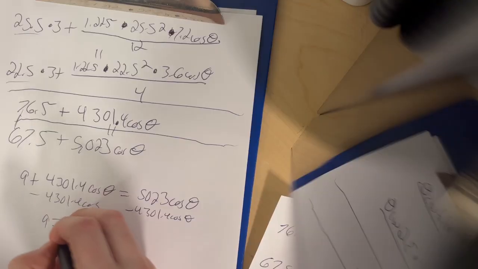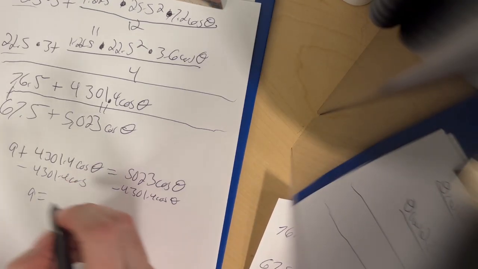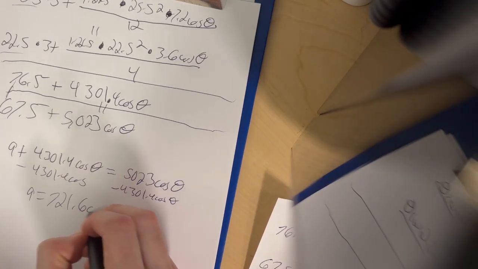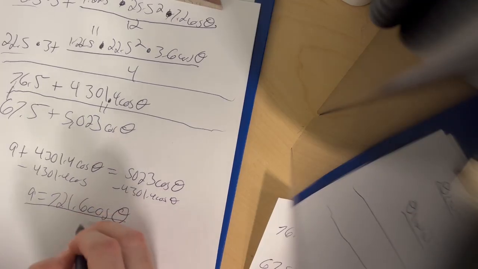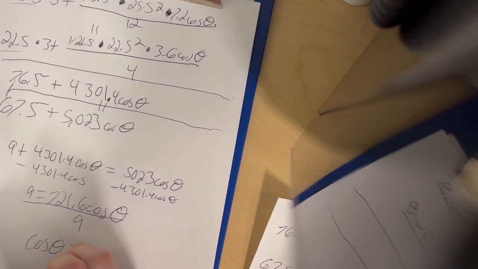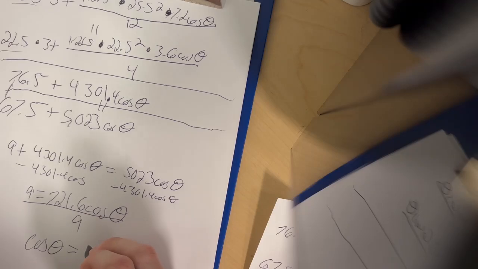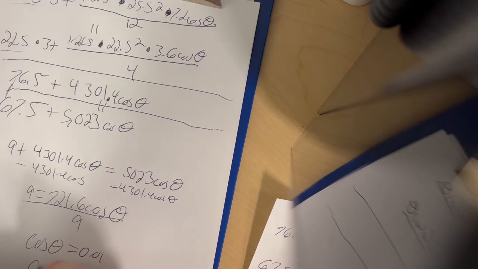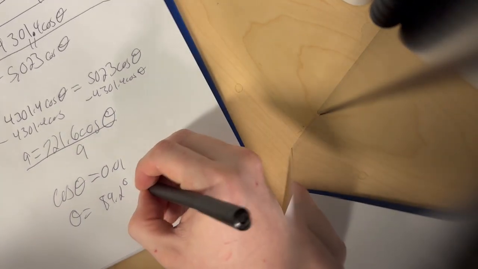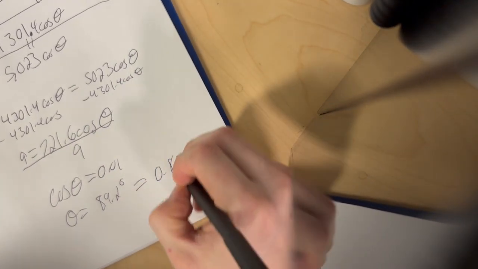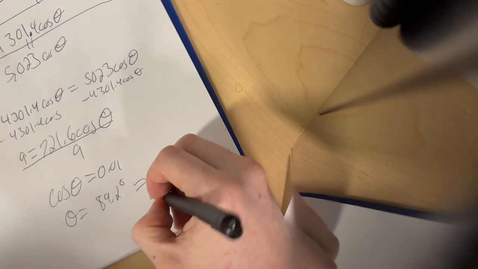That gives you 9 equals 721.6 cosine theta. Divide through by 721.6, cosine theta equals a very small number, which then means theta equals 89.2 degrees, which corresponds to a 0.8 degree angle above the horizontal.